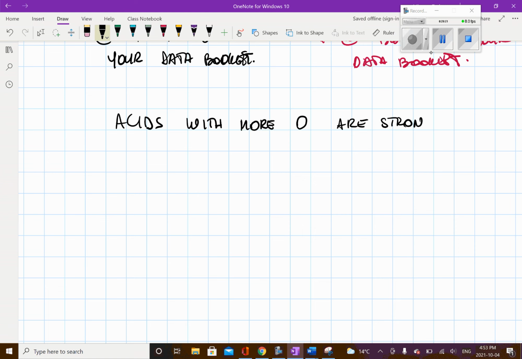As you notice even on the table, we have, let's say, H2SO4 and H2SO3. H2SO4 is stronger than H2SO3.